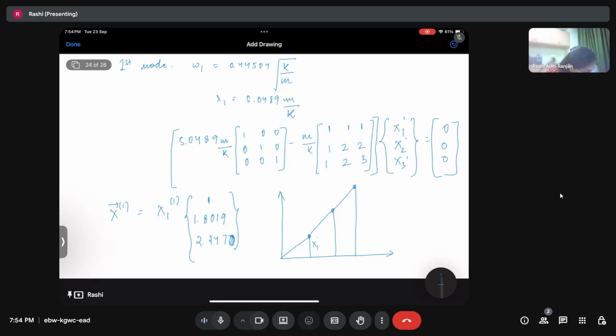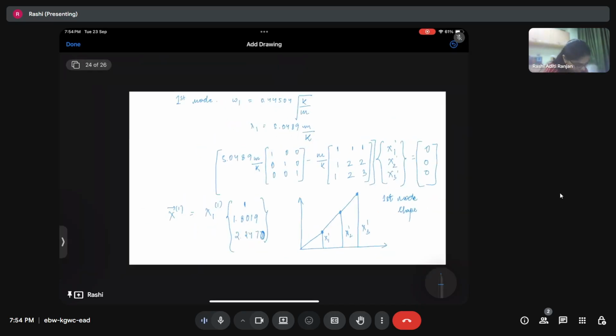This is x1 of 1, x2 of 1, x3 of 1. This is the first mode shape. At the first modal frequency, they are going to have such kind of an oscillation arrangement.